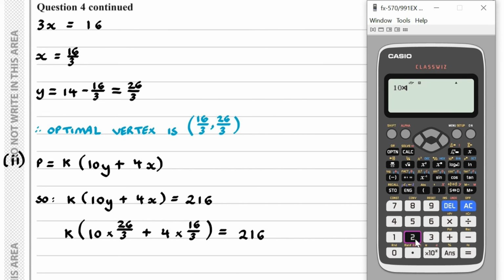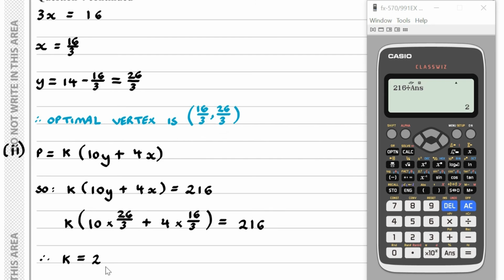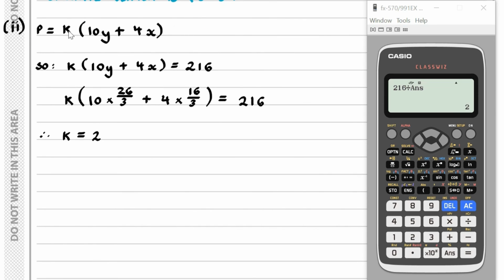So if I do 216 divided by 10 times 26/3 plus 4 times 16/3, I get 2. So I get k equals 2. And knowing that k is 2, I can replace it over here. So my objective function, I've got p equals, well, I've got 4 times by 2, which is 8. Then I've got the x, and then I've got 2 times by the 10, which is 20, and then I've got the y. Here is my objective function.